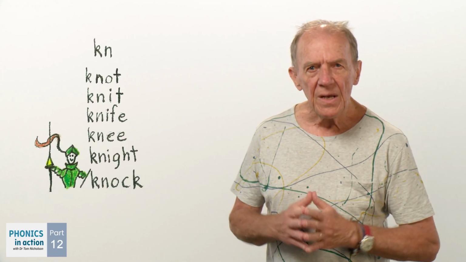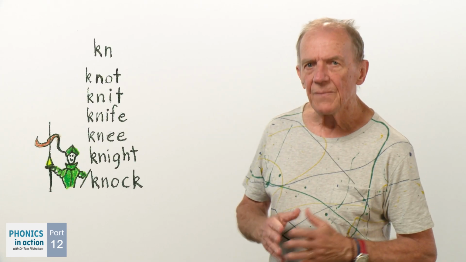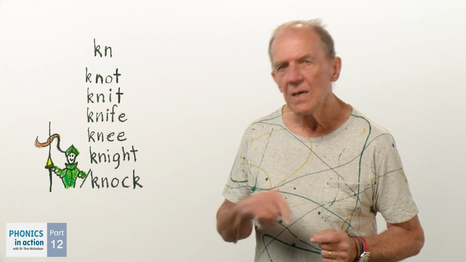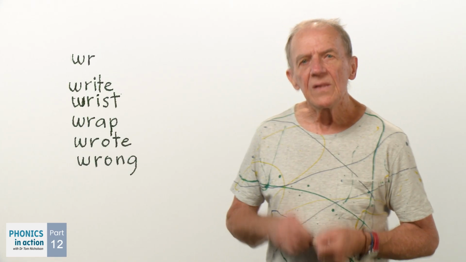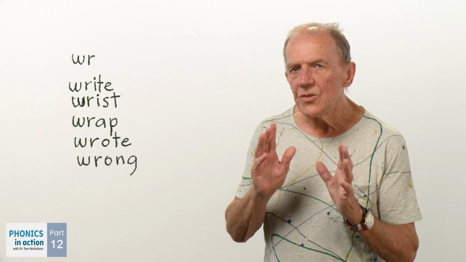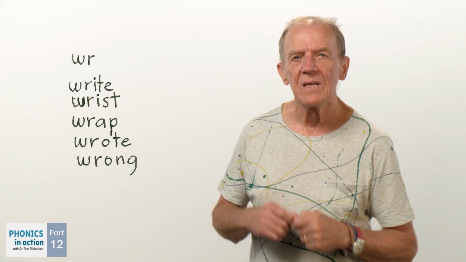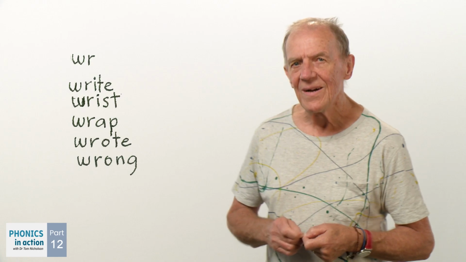Other words with silent letters are on this chart. I'll read them to you. The KN just says N, as in not, knit, knife, knee, knight, knock. The WR just says R, as in right, wrist, wrap, wrote, wrong.